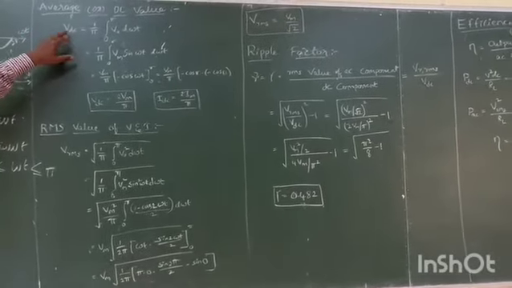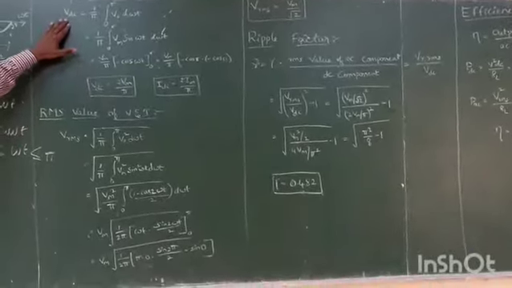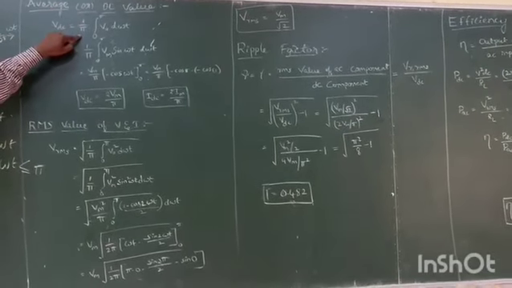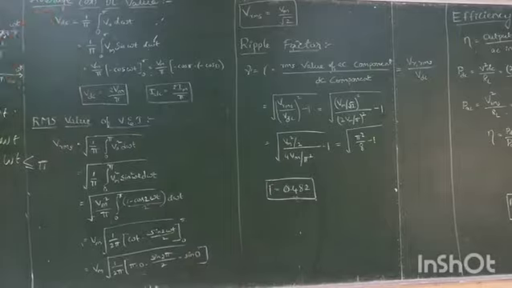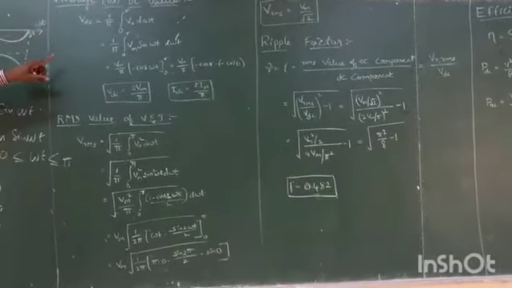Now I apply this condition for finding the average DC output voltage. VDC is equal to 1 over pi. Why have we taken pi? In the half wave rectifier we took 1 over 2 pi, but here we are taking 1 over pi.